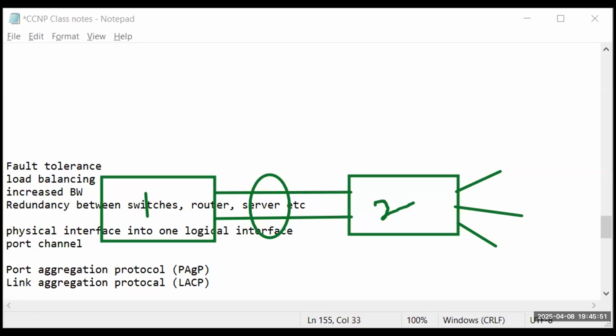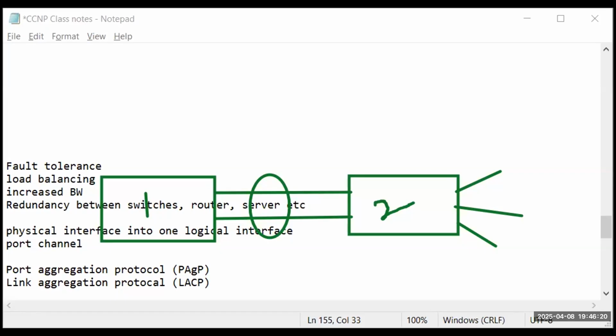It is very important that when we aggregate ports, all the ports should be of the same speed, 100 Mbps or 1 Gbps, and have the same duplex settings, half duplex or full duplex, on both ends and on all the ports. One port should not be half duplex and another full duplex.